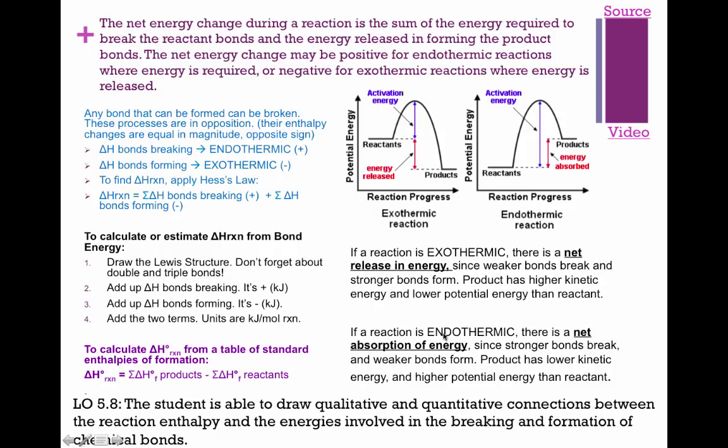If it's endothermic, that means you had to absorb energy, and that means you probably broke stronger bonds and formed weaker bonds. So always think about it: it takes energy to break bonds and you release energy to form bonds. If a reaction was overall exothermic, that means you formed stronger bonds.